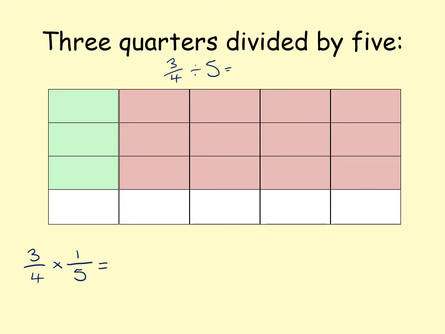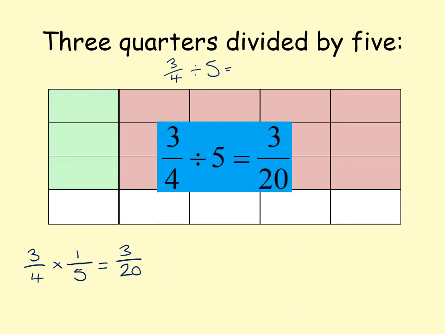Now we multiply across. 3 1s are 3 and 4 5s are 20. Are we going to simplify that at all? No, because there's no common factor between 3 and 20. So 3/20ths would be our answer. And let's see how that would be presented. Click the right button. Yay, there we go. I must have got it right.